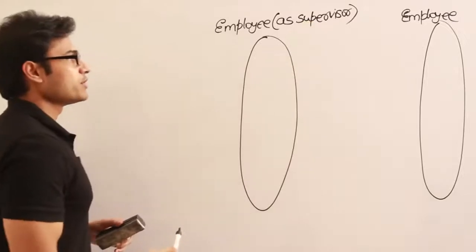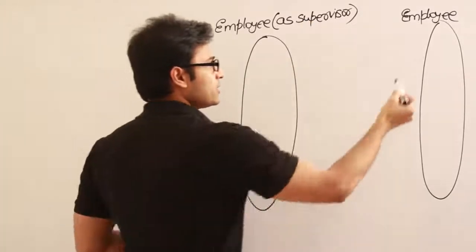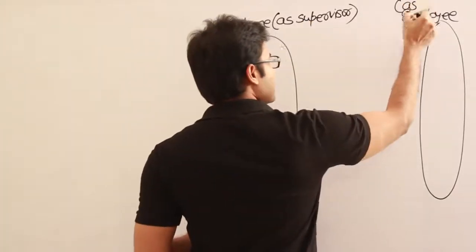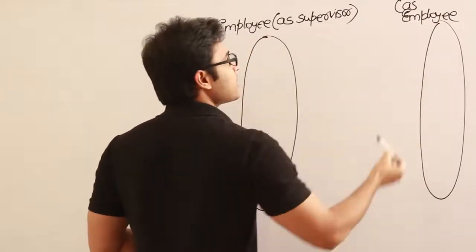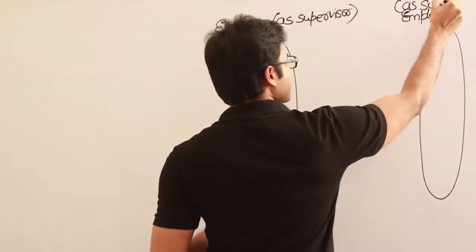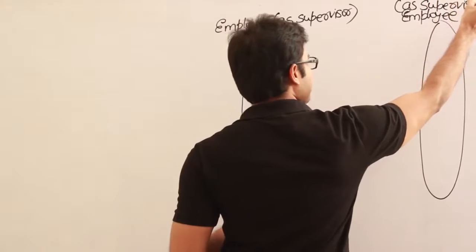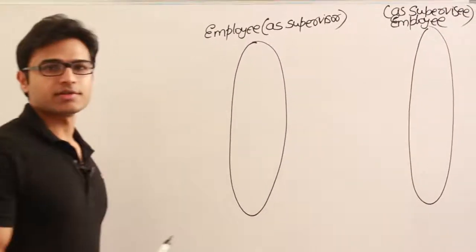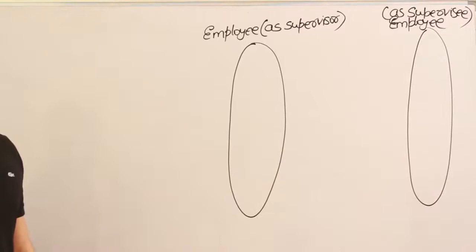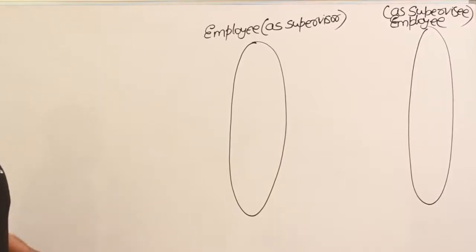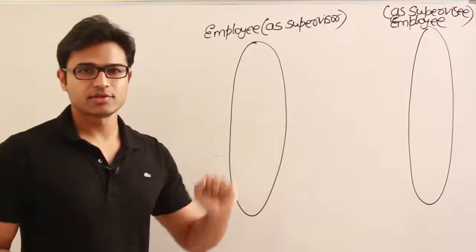Supervisor means he is the boss. On the other side, the other employee set is going to act as supervisee. So it is like boss and subordinate. That is the way I'm using the roles: this side it is the boss, and that side it is the subordinate.